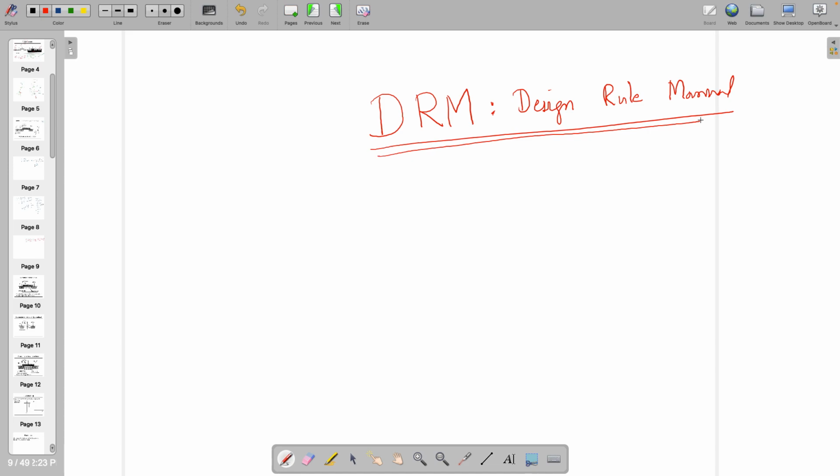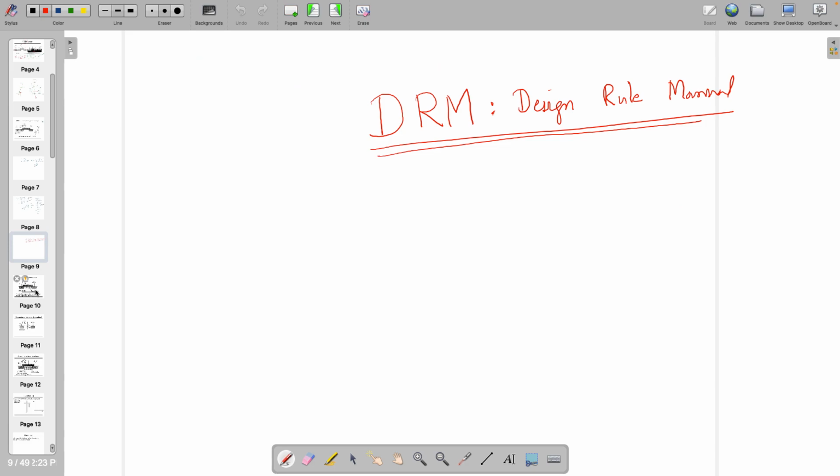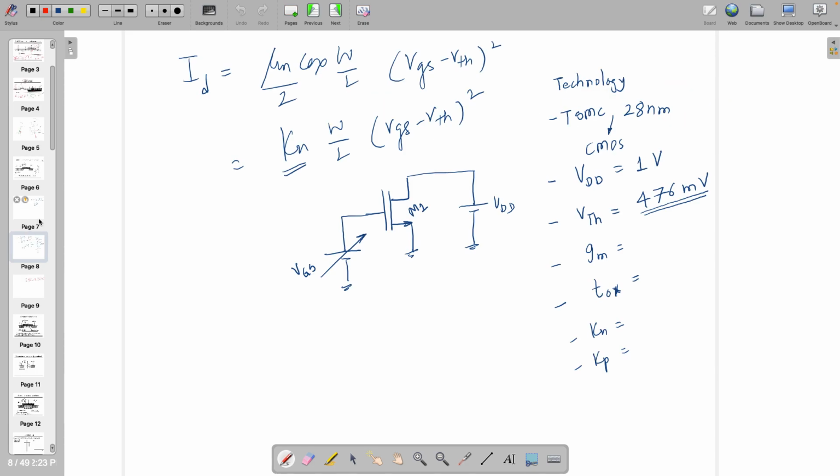There are many things. Some rules are there, and those things are already mentioned in it. Some of the key parameters are also mentioned, like these parameters. But as an engineer, I am not going to read this whole manual, right? So there is something for all these parameters. We are going to call that by the name device model parameters.